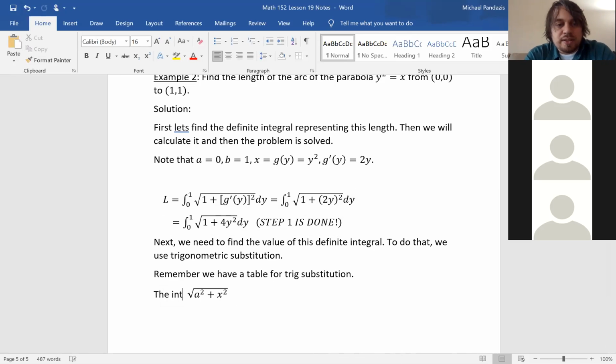So the integrand is of the form the square root of a squared plus x squared, right? And so the table we had previously, if you just look directly at the table, it will just tell you which substitution to use.